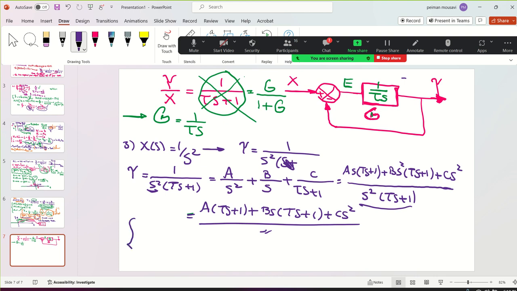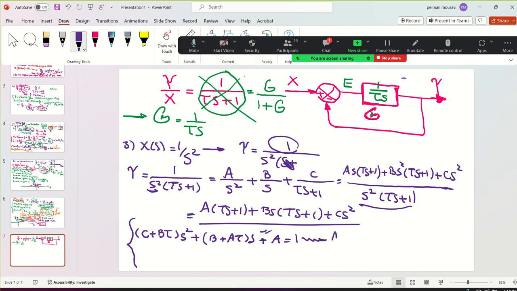If you write like this and resort that, you're gonna have (C plus B tau) in s squared plus (B plus A tau) in s plus A equals to 1.